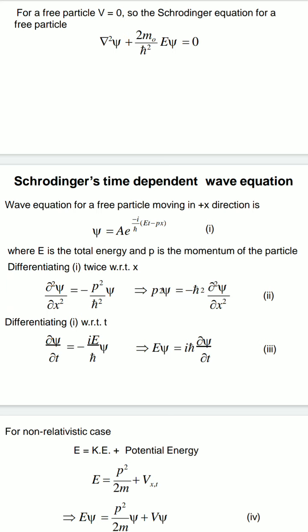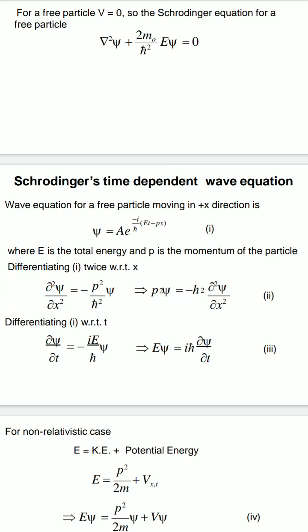So del square psi by del x square is minus p square by h cut square into psi. If it is one time, del psi by del x, what will be the value? A e raised to minus i by h cut (Et minus px) into minus i into p by h cut. That is the first derivative with respect to x.